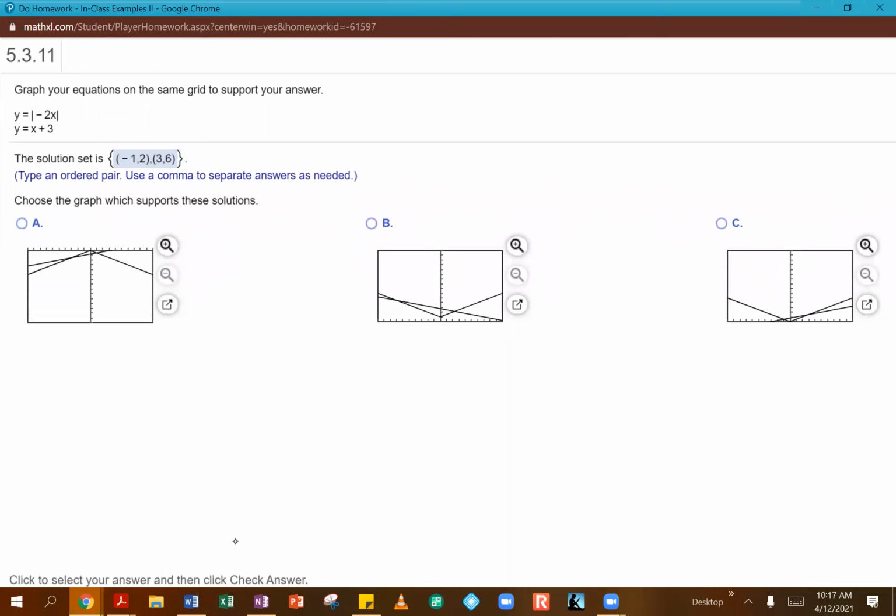So I'm going to give you a second here and, tell me which graph should it be, A, B, or C. Okay, Katie, you're going with graph C. Jess also, okay. Jacqueline.